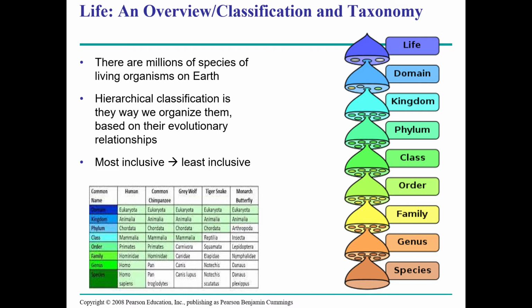We have a hierarchical classification system, and it's how we organize all living things based on like characteristics as well as evolutionary heritage. And it goes from the most inclusive to the least inclusive. Like you see on the right-hand side, life, that's the top of the right-hand side.